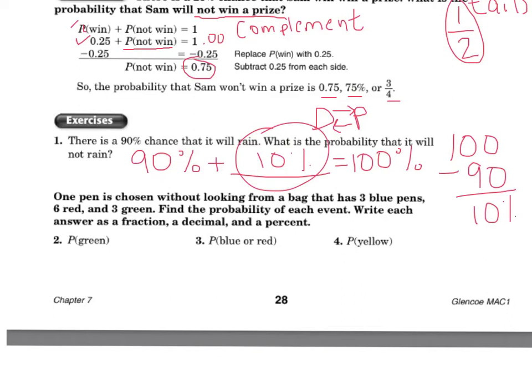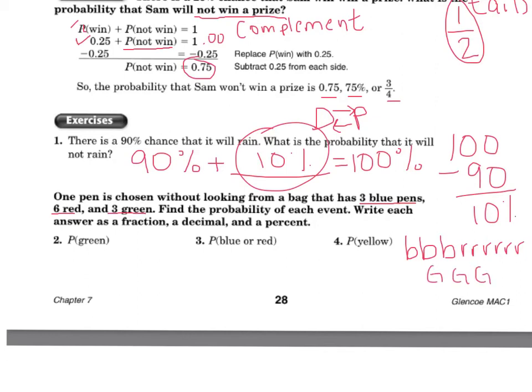One pin is chosen without looking from a bag that has 3 blue pins, 6 red, and 3 green. Find the probability of each event. Write each answer as a fraction, a decimal, and a percent. So we are going to be reviewing those 3 ways to write the same number. So you have 3 blue pins, 6 red, and 3 green.